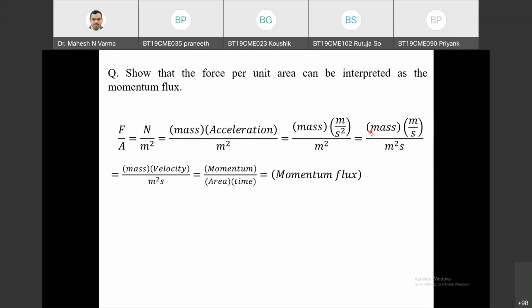This can be adjusted to mass into meter per second, so mass into velocity divided by area into time in seconds. This mass into velocity is momentum per unit area per unit time, which is a momentum flux. Hence force per unit area can be interpreted as a momentum flux.